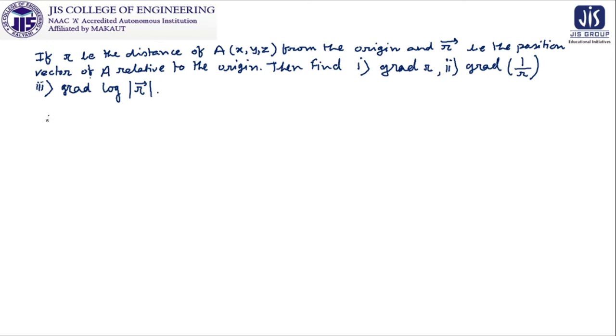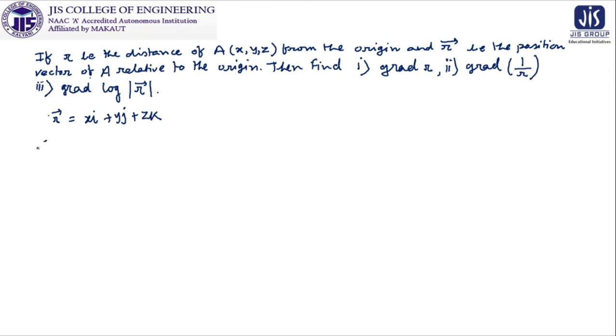So we start with the position vector r. According to the definition, it will be xi plus yj plus zk. Clear?